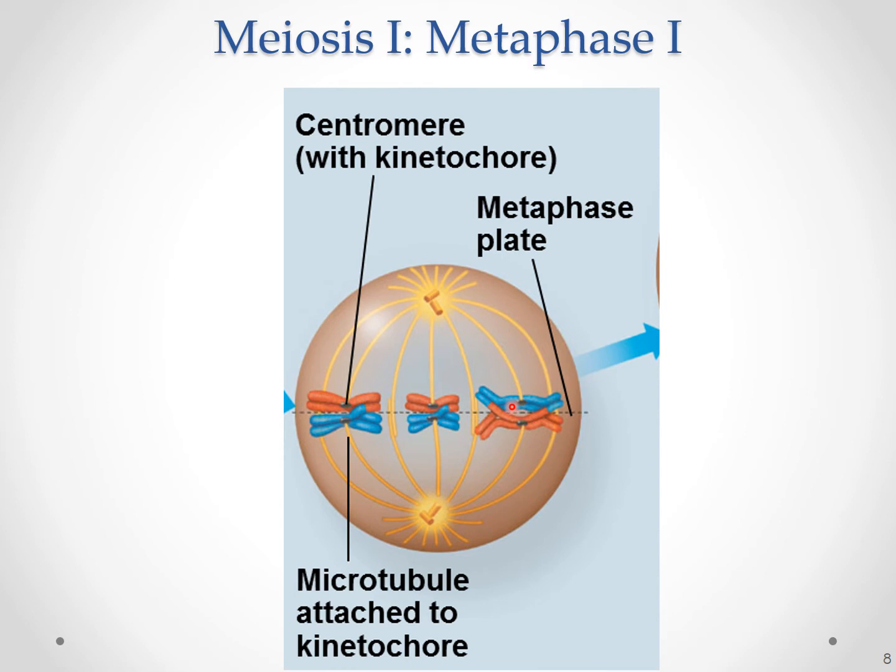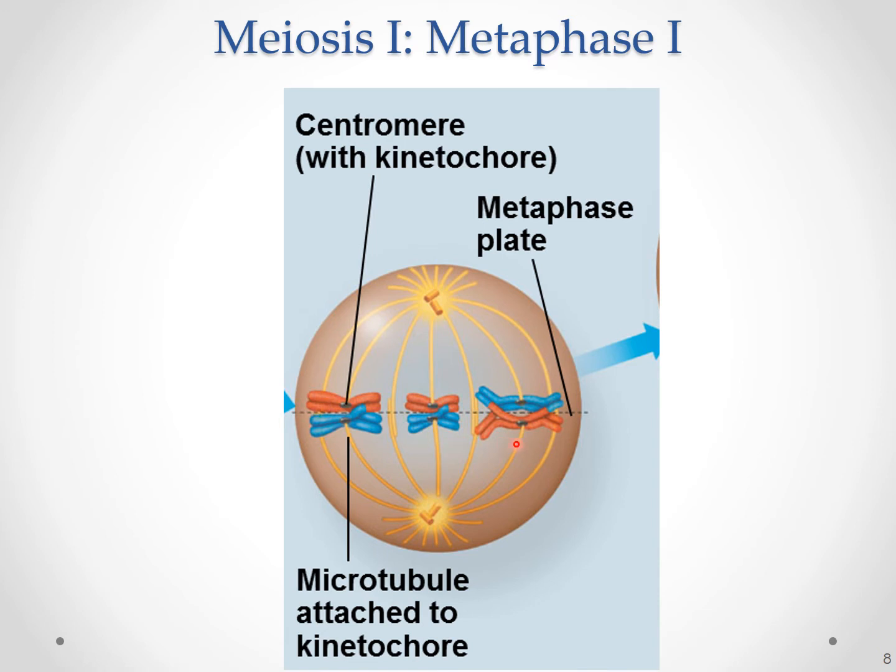So you can have different combinations. And why it contributes to variation is because they're each going to be separated into their own cells, creating genetically different cells, even more so than just the crossing over. This is called independent assortment. And this occurs during metaphase 1 when the homologous chromosomes line up at the equator.